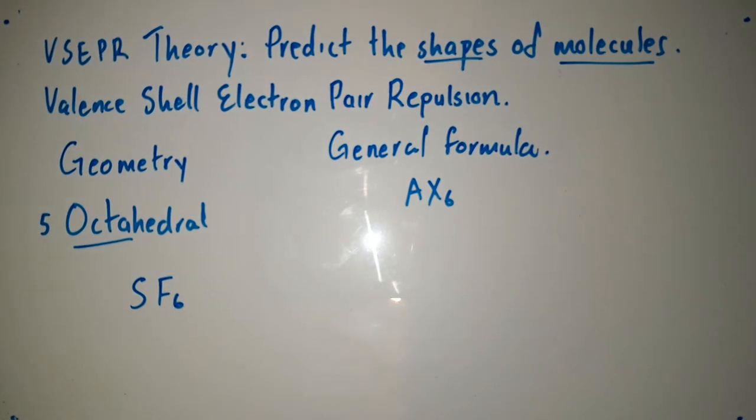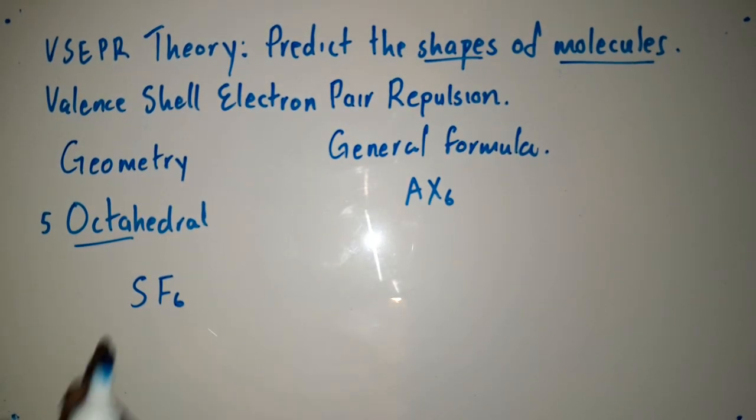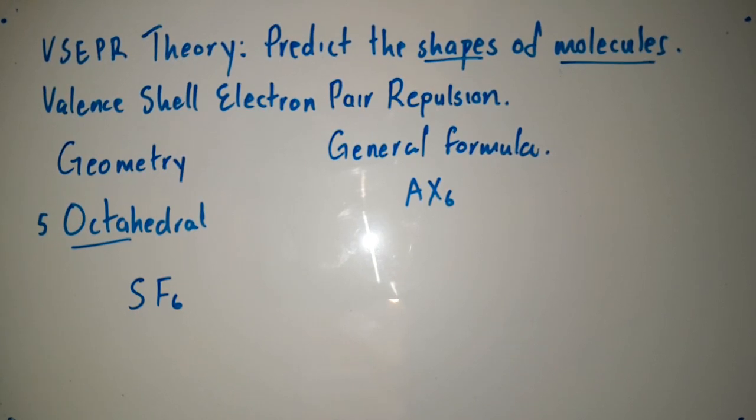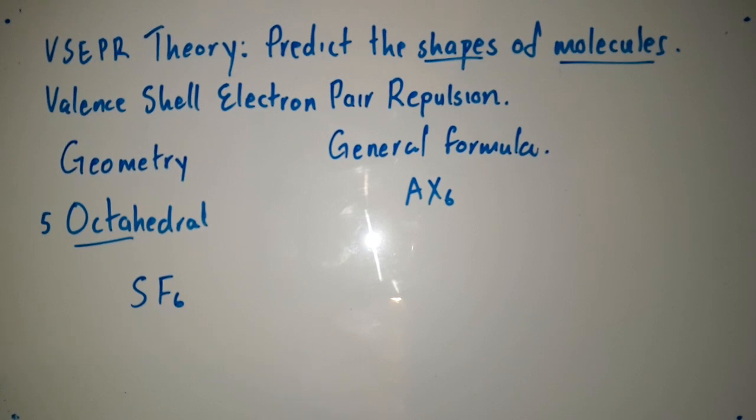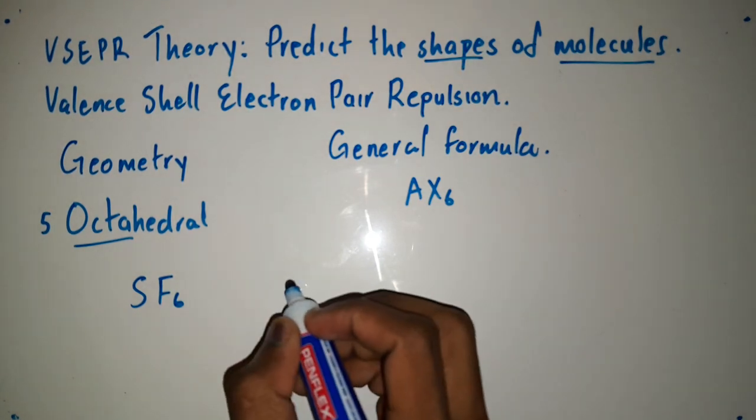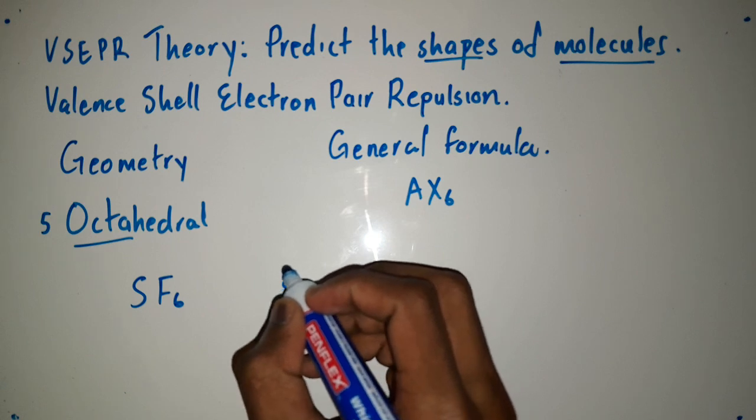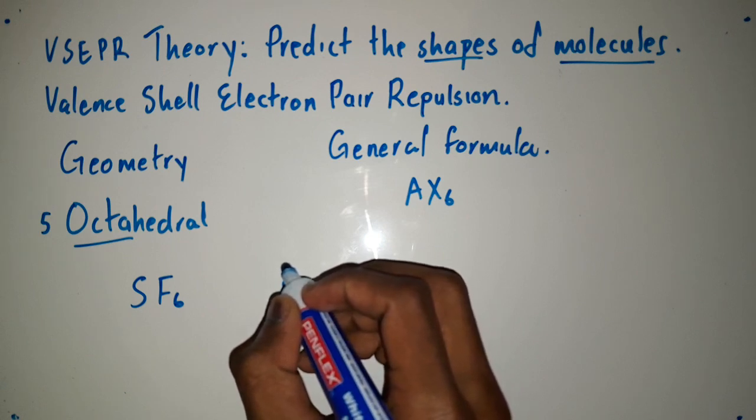You see, same applies. Sulfur is an exception, meaning it's going to use all of its valence electrons in order to form bonds. Then we know that sulfur is situated in group number 16. That means it's going to have 6 valency electrons in the outermost energy level, like this.